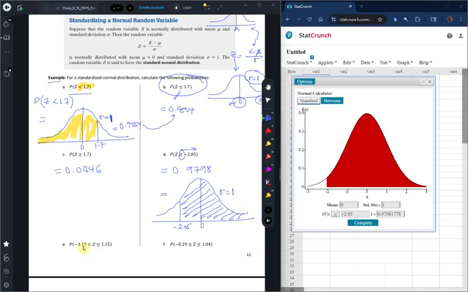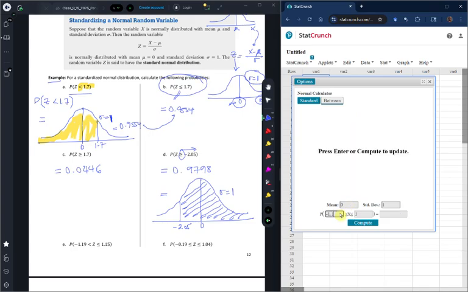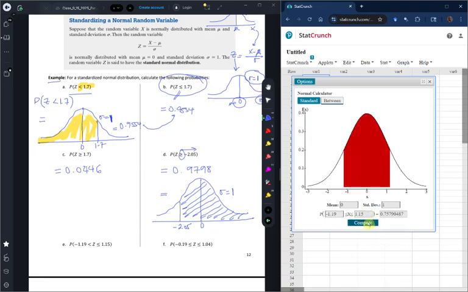Then next we have between two values. Sure, we click on between. The parameters of the standard normal random variable are 0 and 1. And we're interested in negative 1.19 and positive 1.15. And compute, you have 0.7579.